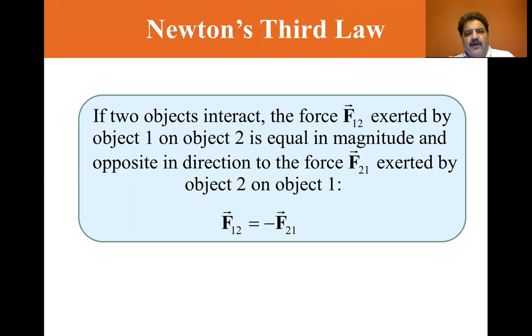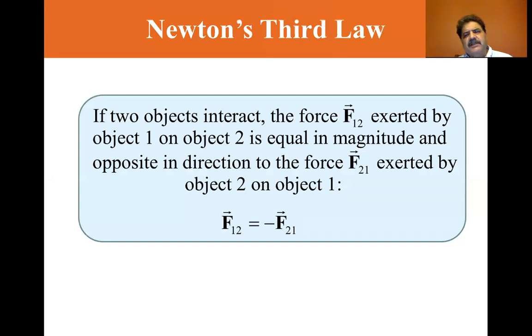If two objects interact, the force F12 exerted by object 1 on object 2 is equal in magnitude and opposite in direction to the force F21 exerted by object 2 on object 1. So the force 1,2 is equal to minus the force 2,1.